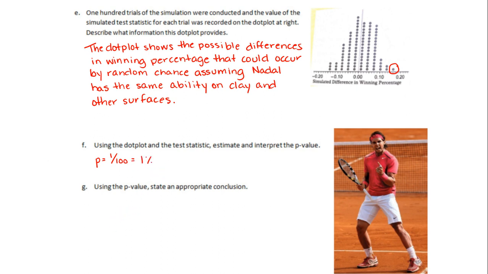State an appropriate conclusion. So we would say, because the p-value is small, we reject our null hypothesis, and you can put H0 for that.